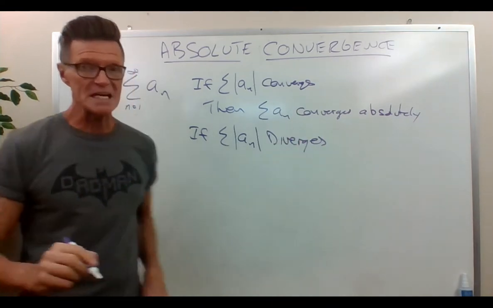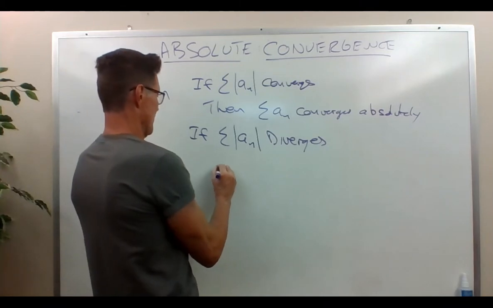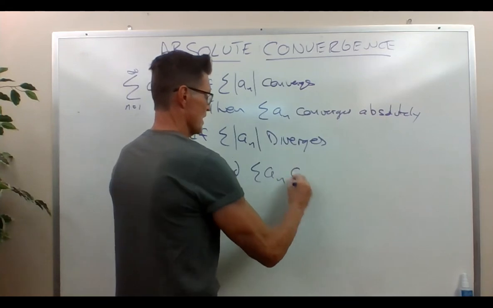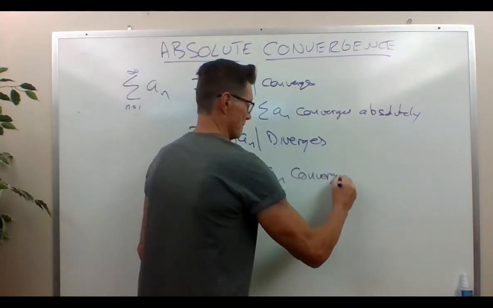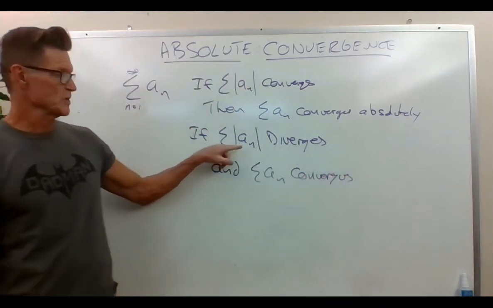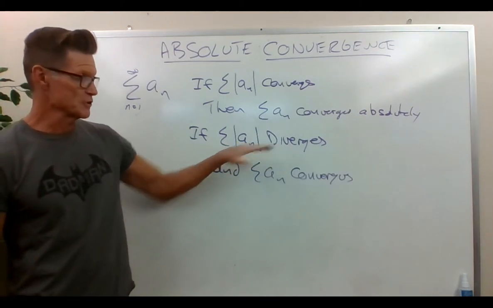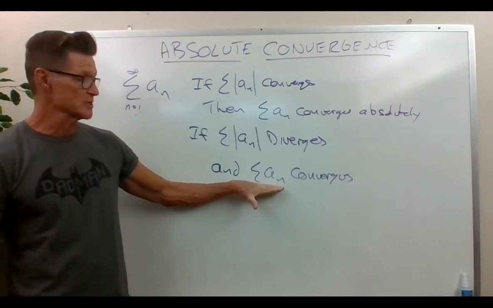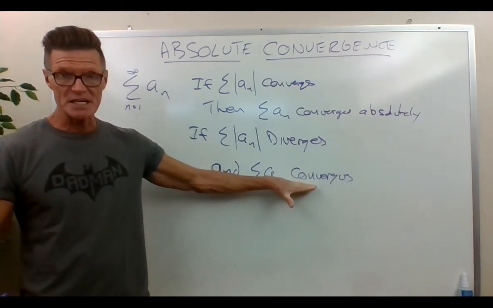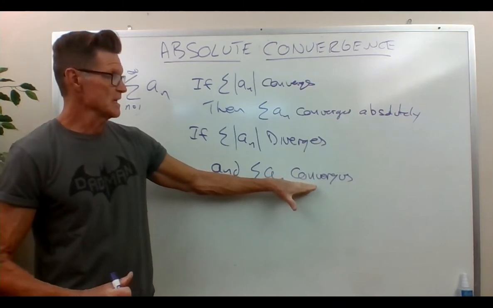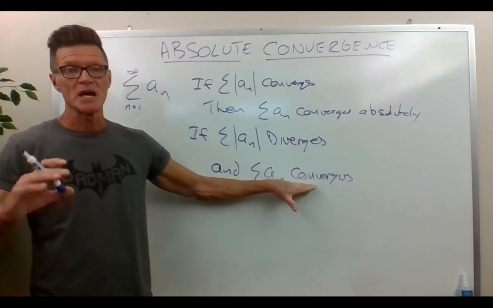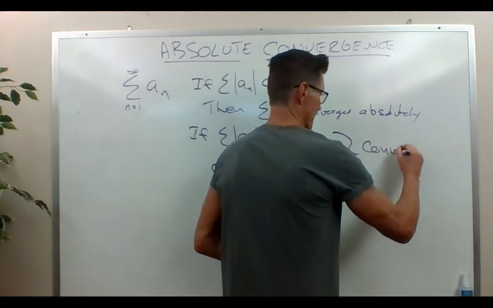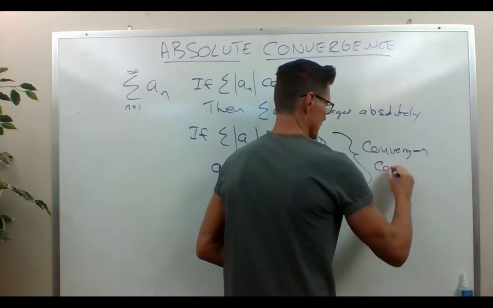However, if by the alternating series test a sub n converges, so in other words, when we take the absolute value it diverges, but when the series itself, as an alternating series, converges, then we say that it converges conditionally.